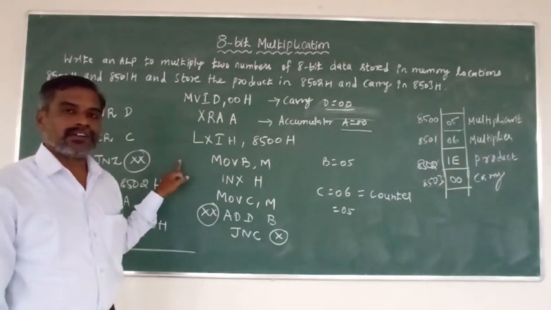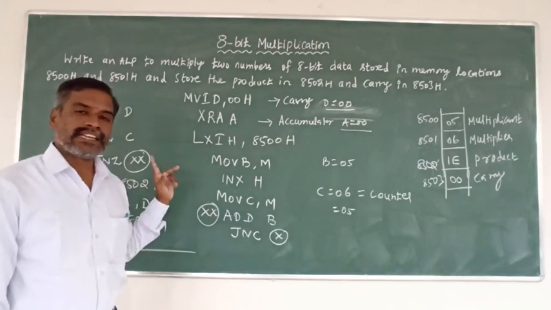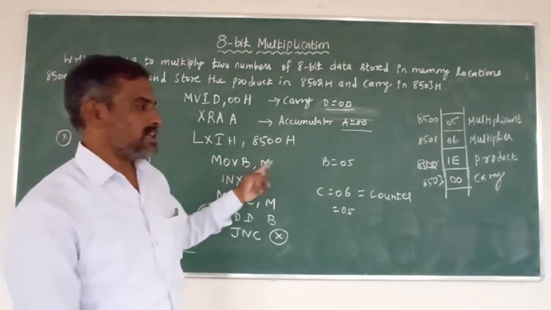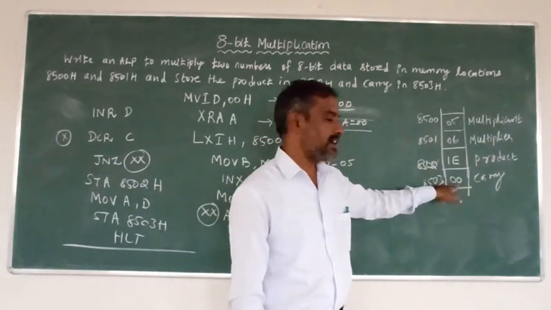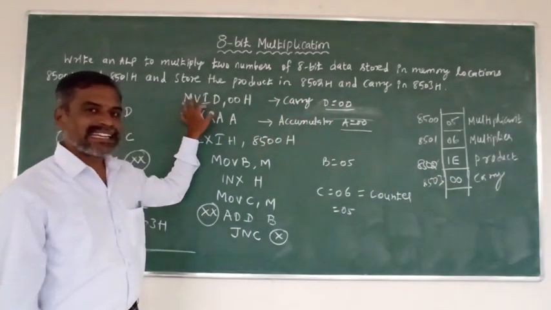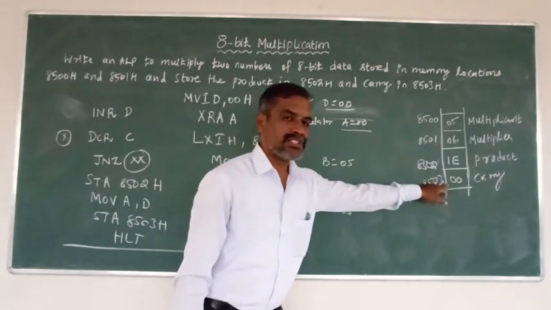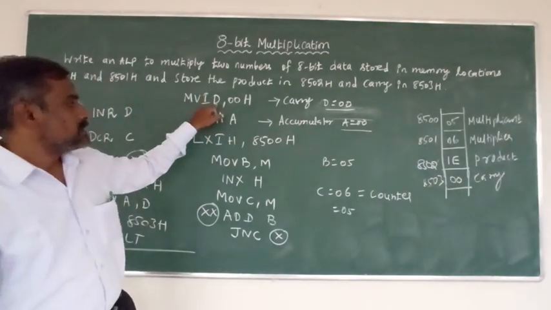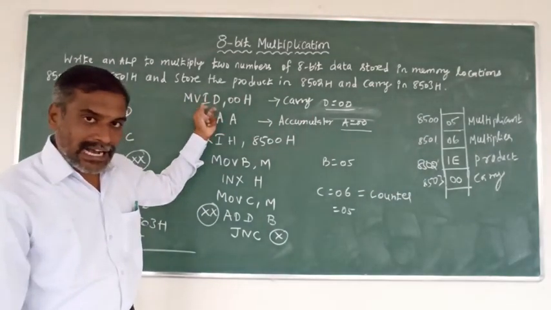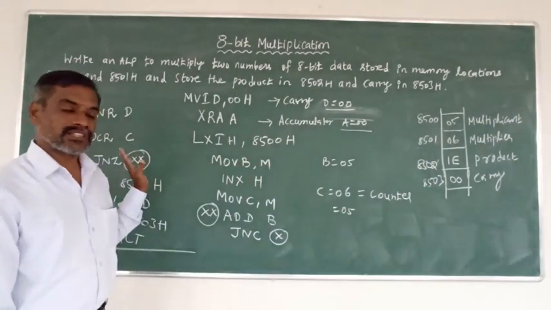The second method works in both cases. If there is a carry, the carry result is available at 8503. For that we clear the D register. If no carry, the carry will be 0, the D register has 00, and that 00 data is stored.